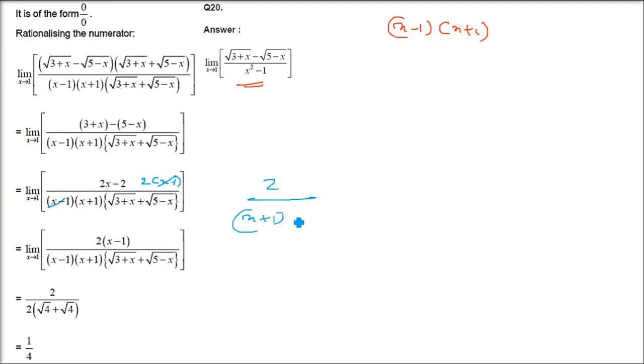Only 2 by x plus 1 and this under root 3 plus x plus under root 5 minus x will come, and just apply x as 1. So 2 by 1 plus 1. Of course, 2 gets cancelled. Denominator you have under root 4 plus under root 3 plus 1, under root 5 minus 1, like this. So 2 by 2 plus 2, 2 is already there. So you have 1 by 4. 1 by 4 is going to be the answer.